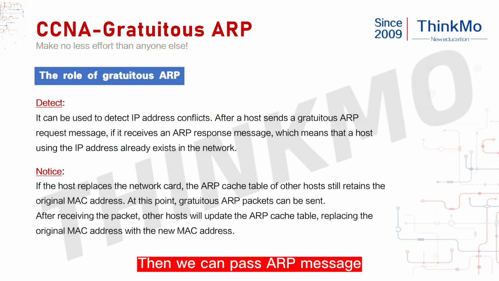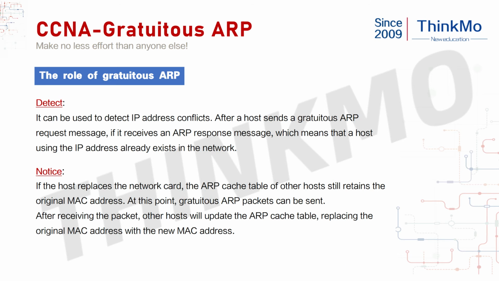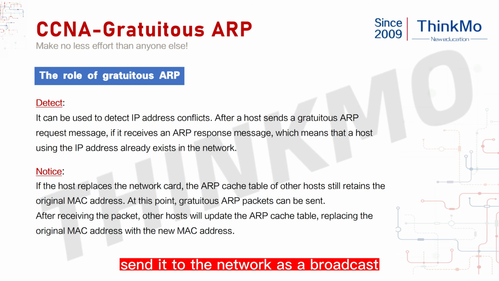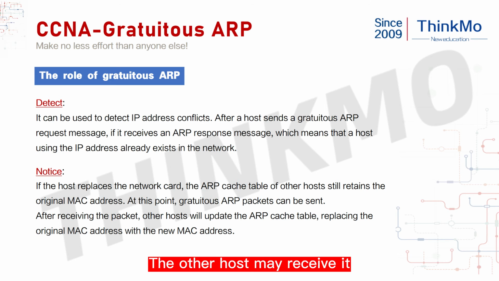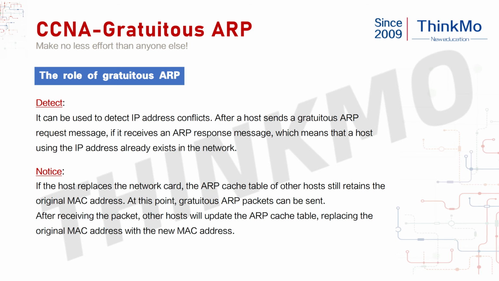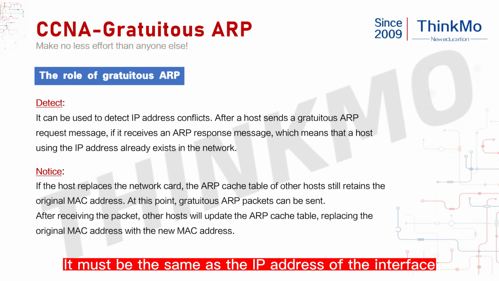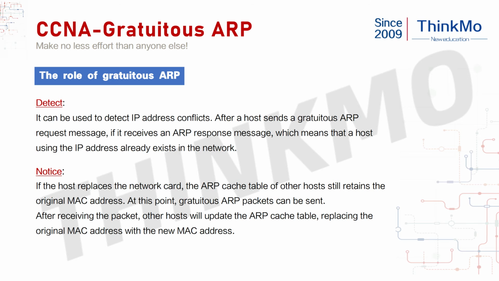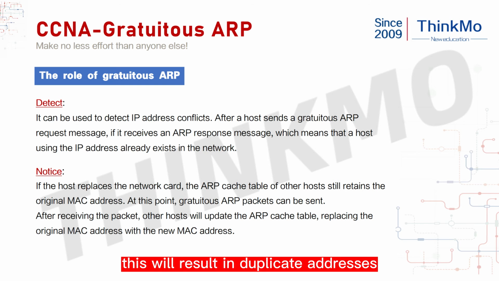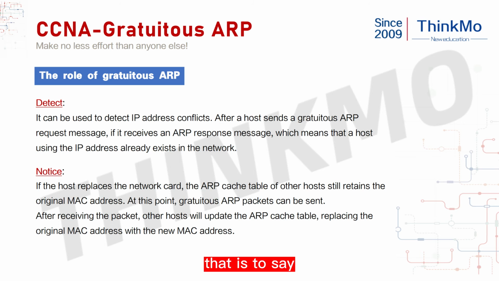Then we can send an ARP message, taking ourselves as the source and ourselves as the destination, and send it to the network as a broadcast. The host may receive it. If the IP address configured is the same as the IP address of the interface, this will result in duplicate addresses, that is, the address conflict that we're talking about.